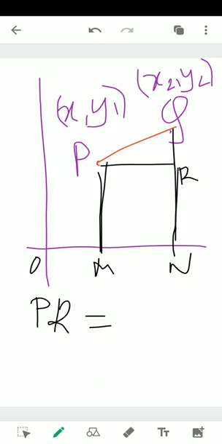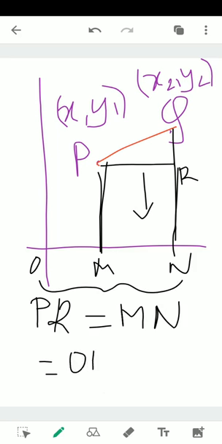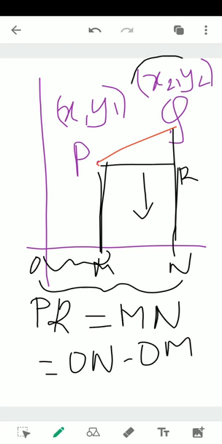So if you see here, PR is nothing but MN, right? Because the same thing is getting projected over here. So PR is equal to MN. In this case, MN is ON minus OM. If you see properly over here, ON is nothing but x2, because this point x2, y2 is directly getting projected over here.